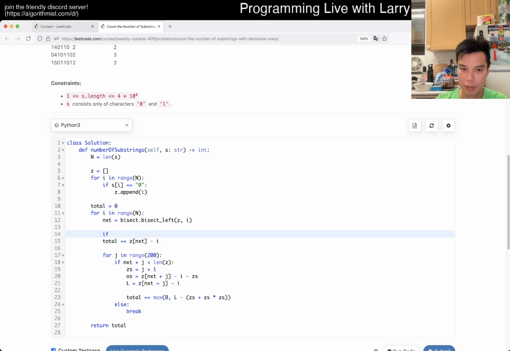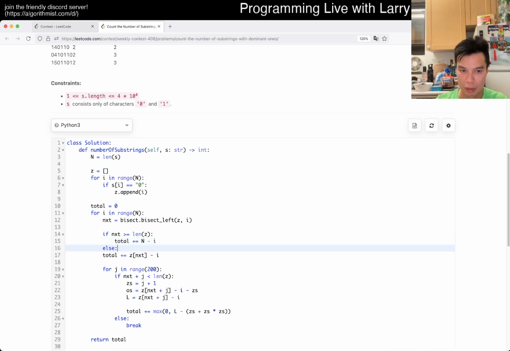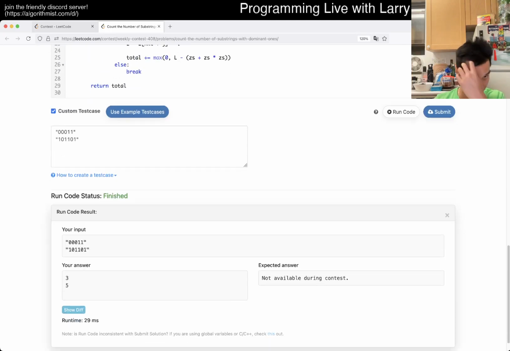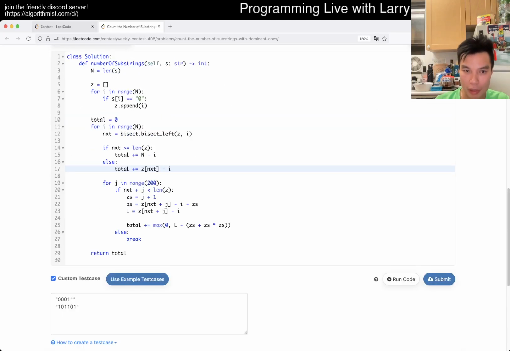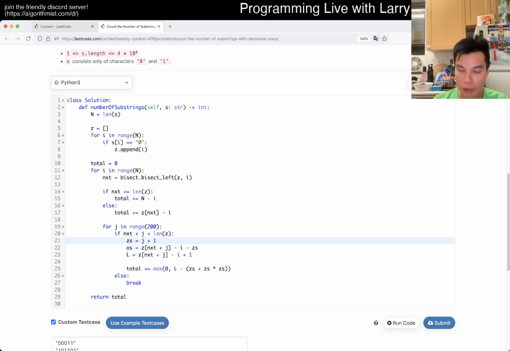If z, then total which is n minus I, right? 3 and 5, that's okay, maybe. I mean, this seems like I'm missing an off by 1 somewhere anyway. But this is this plus 1 is the length. Number of ones, number of zeros is just j plus 1.